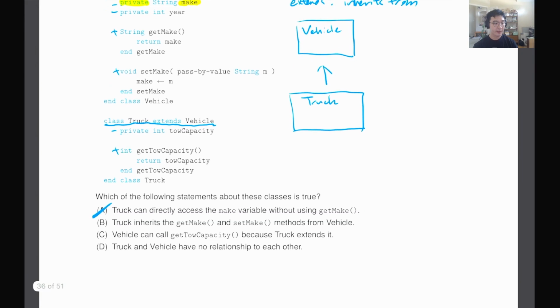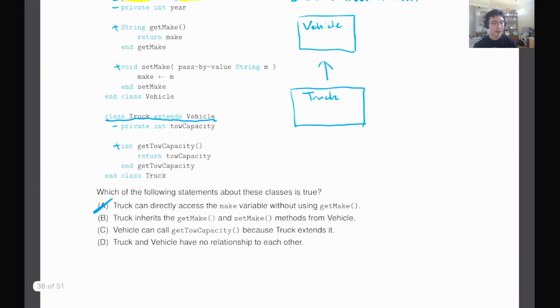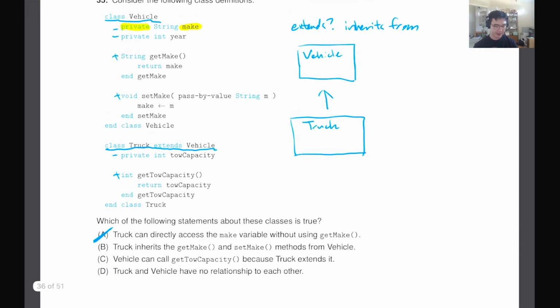Let's look at B. B, the Truck class inherits the getMake and setMake methods from Vehicle. So we see in the Vehicle class that we have a getMake and we have a setMake method. And what B is saying is the Truck class inherits those two methods from Vehicle.